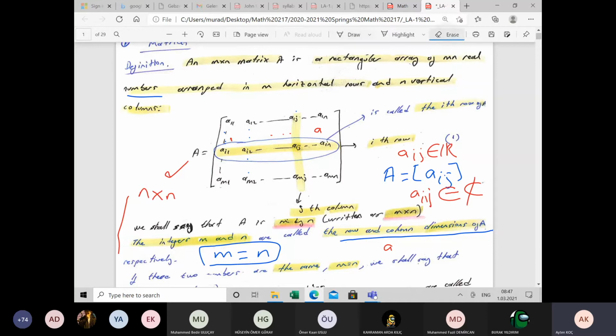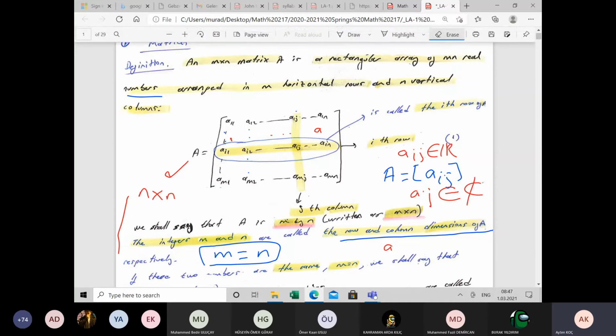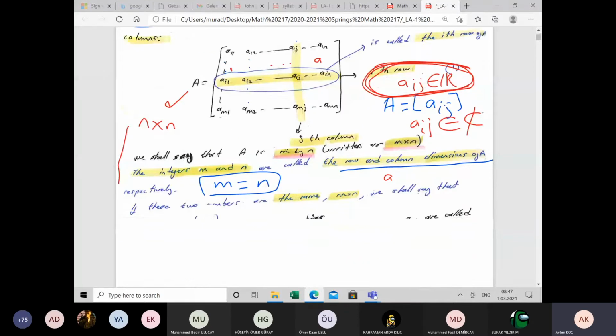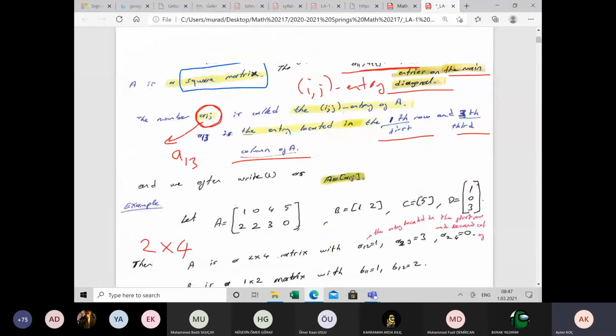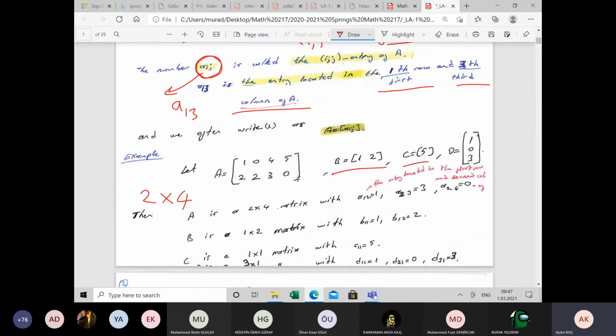But in our lecture, we consider matrices whose entries are all real numbers. So let's come back. Look at the matrices B, C, and D.